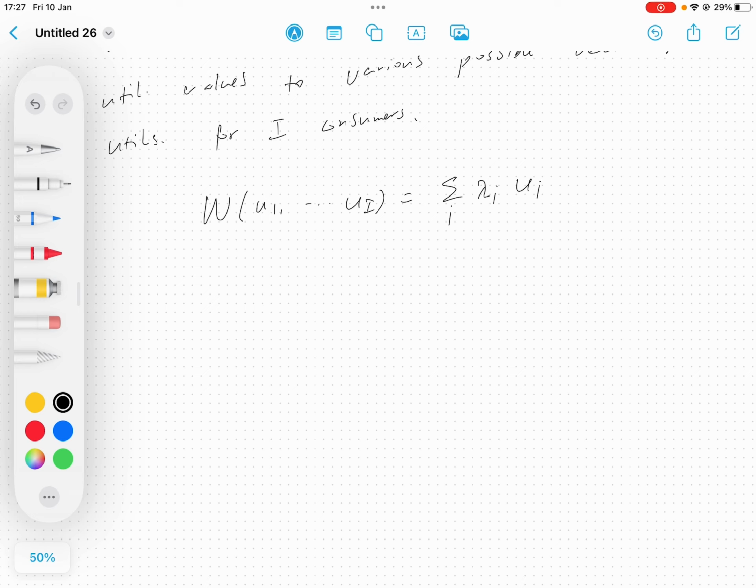This lambda is just some weights for different consumers, and lambda will be a vector from 1 up to I.